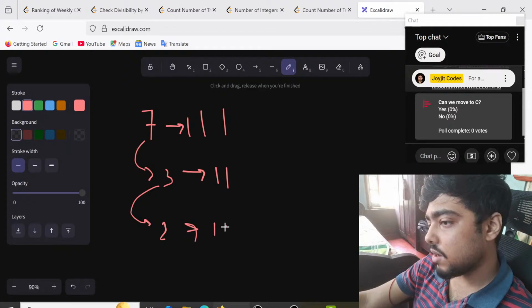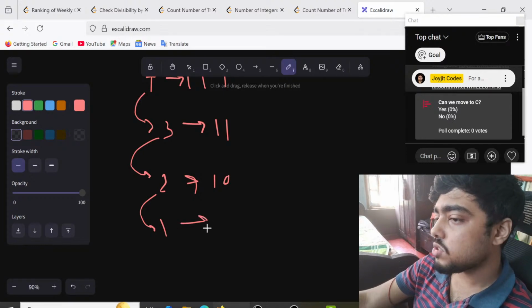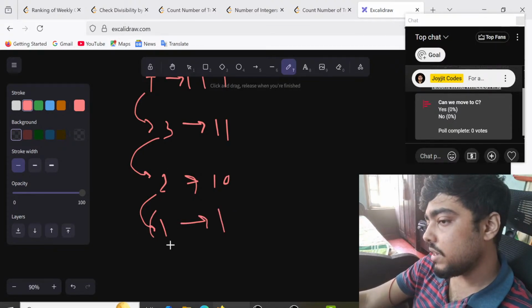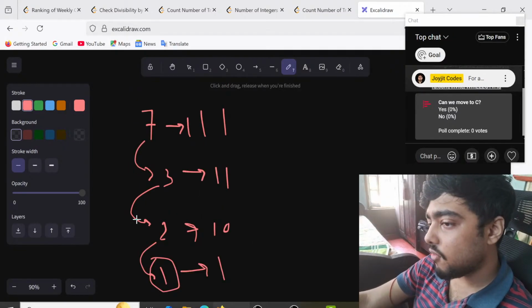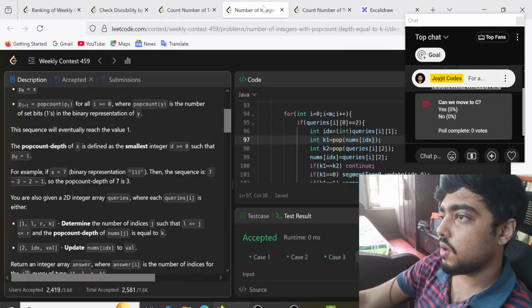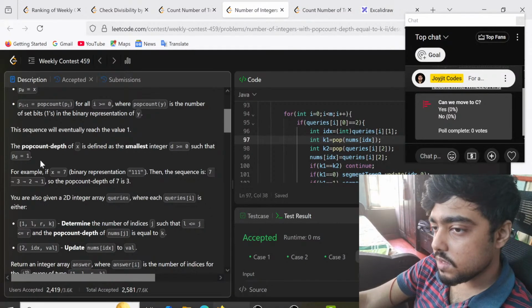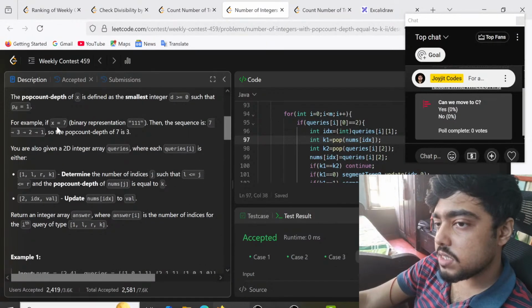Binary 1 0 has 1 set bit, so it converts to 1. Now for 1 also the set bit count is 1, but this is a recursive thing, so the moment we reach a 1, we say we have reached it. So what is the depth? 1, 2, 3. The pop count depth of 7 is 3.